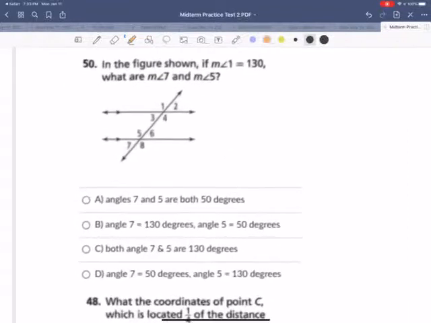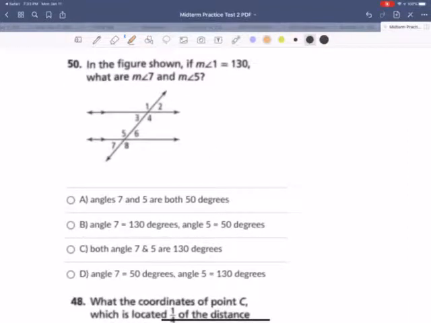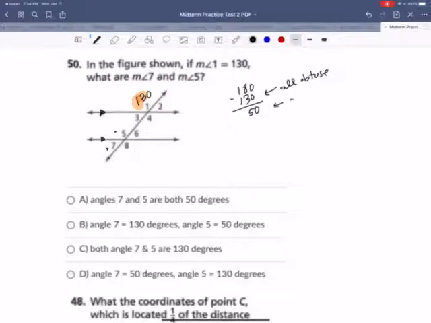Next one, it says, given that angle 1 is 130, what would 7 and 5 be? Okay, so we said in class that all the big ones, as long as these are parallel, and they are, all the obtuse angles are equal to that, and all the acute would be equal to that.